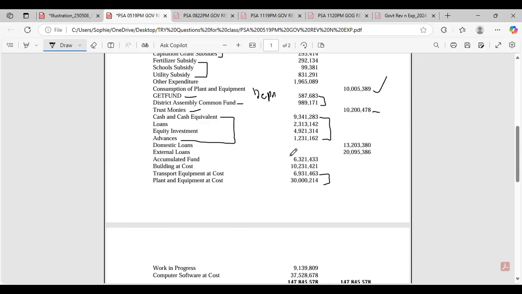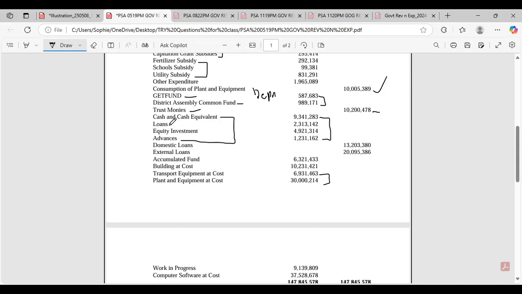Don't forget, the double entry says that assets and expenses have debit balances. So the items we are seeing from cash and cash equivalent to advances are assets. They are government assets, but they are on the debit side. Do you agree with me? Yes. So here, the loans you see mean government has given out loans, staff loans.